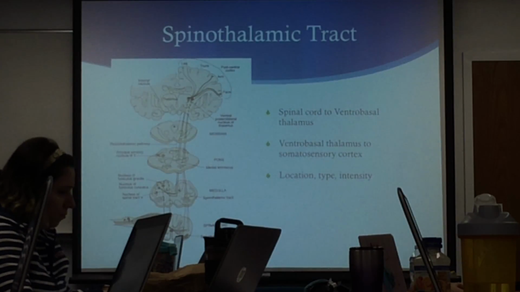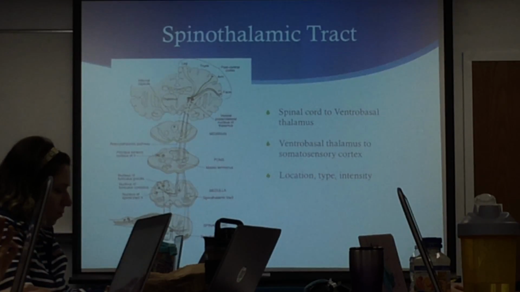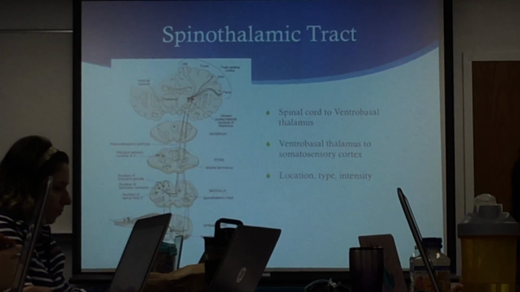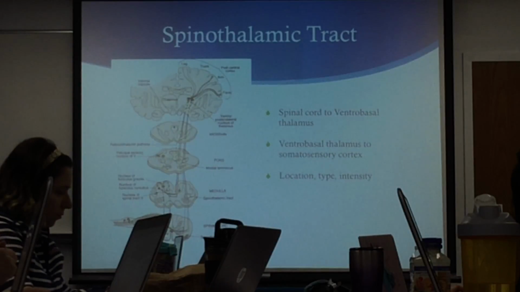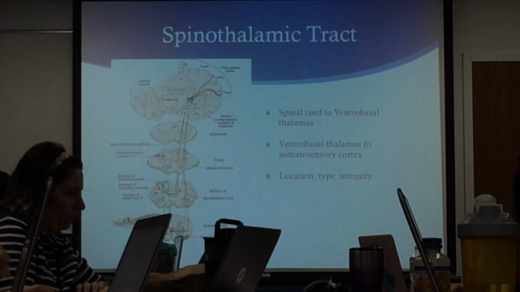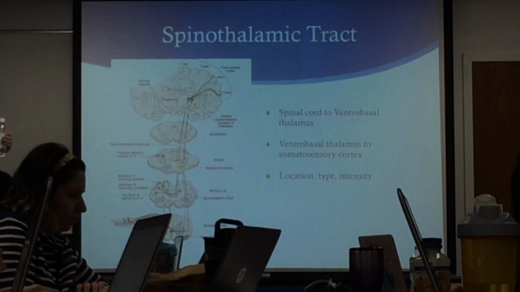And then the third order neuron has cell bodies in the ventral basal thalamus, and they project to somatosensory cortex, where they encode all those three aspects of the sensory discriminative system. The sensory cortex is designed based on innervation of discrete body areas, as you can see there.